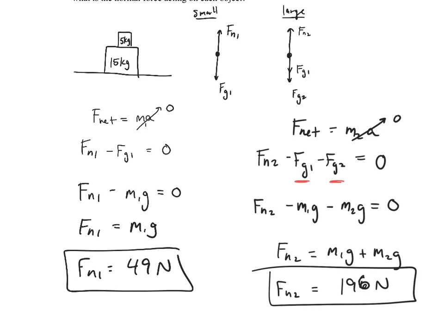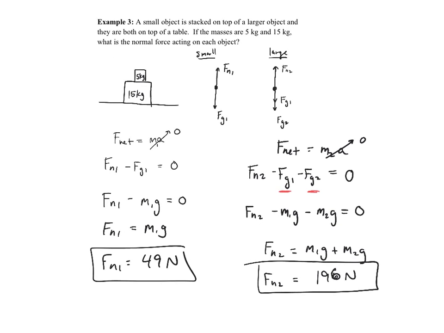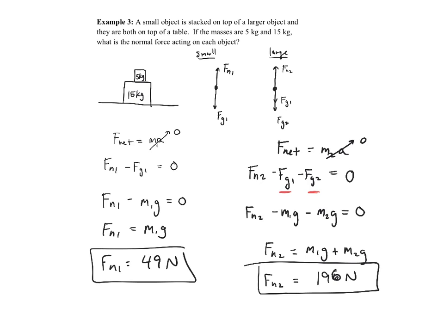General questions or specific questions on this example I'm talking about? This is the first multi-mass system we've really looked at, right? When we do that, the key, if you want to write it down, is to draw both free body diagrams separately. That is the key to this problem. Draw them separately, analyze them separately.